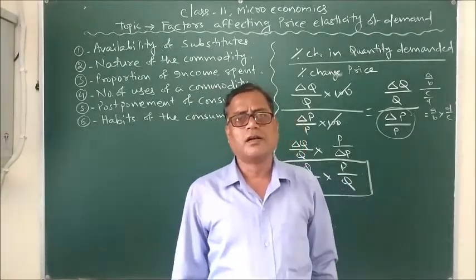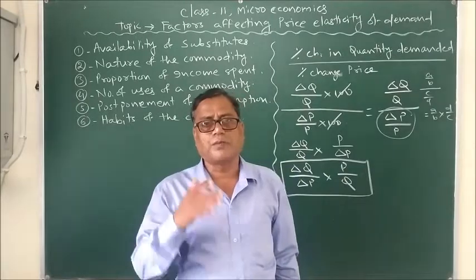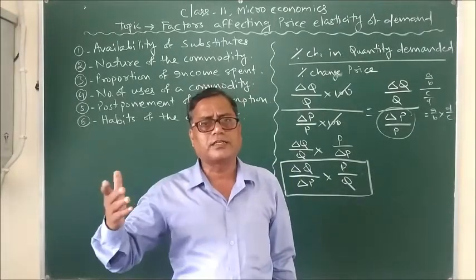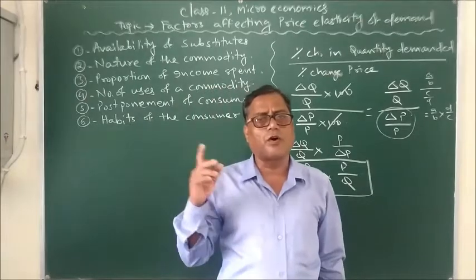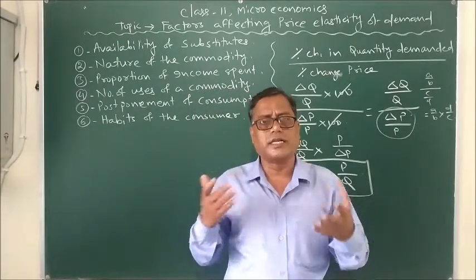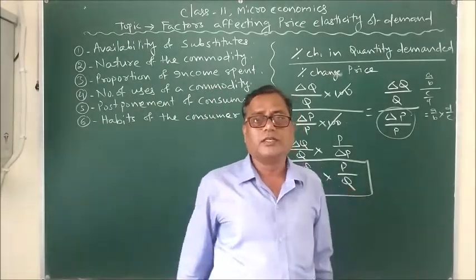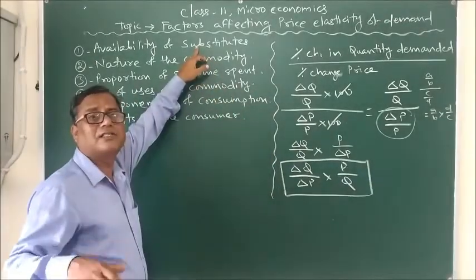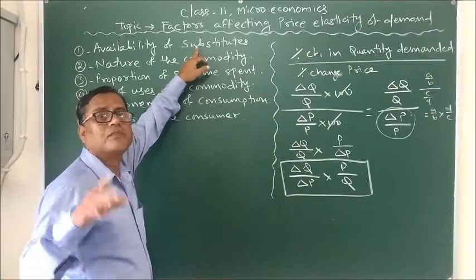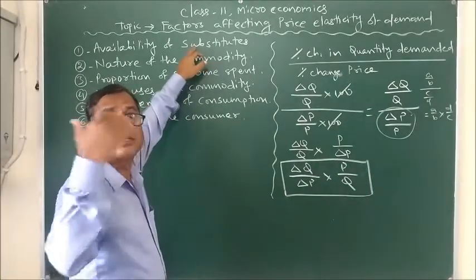For example, if the price of tea or coffee increases or falls, then obviously the consumers of coffee and tea would start reacting. Hence, in this case, the price elasticity of demand of tea is high. Why? The reason is that it has substitutes.